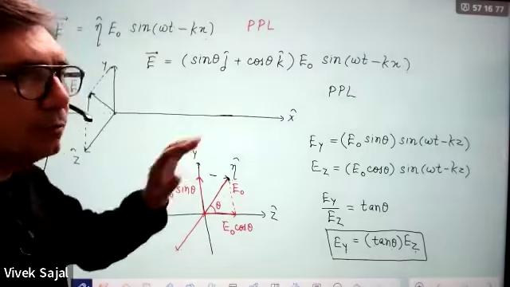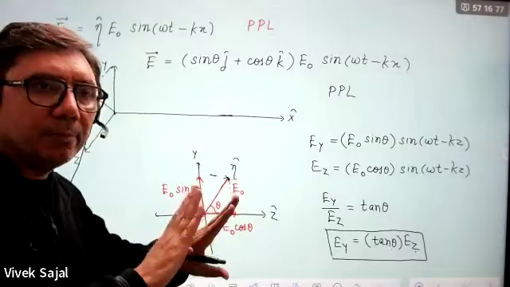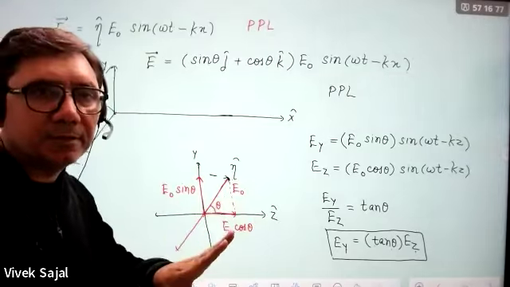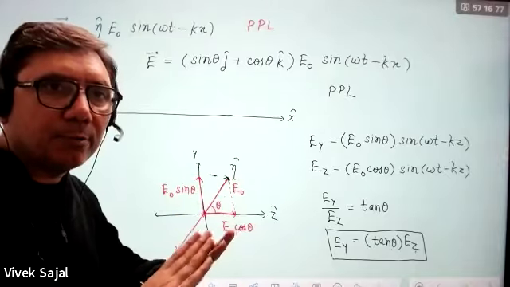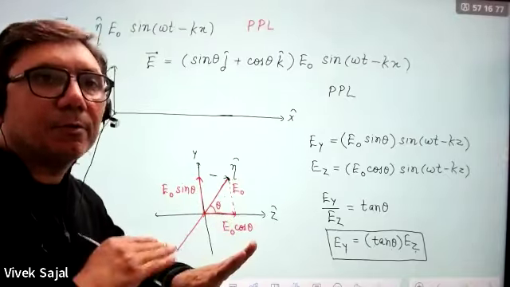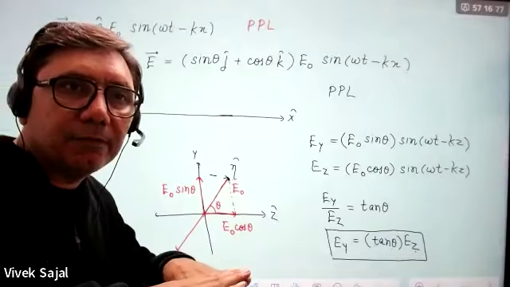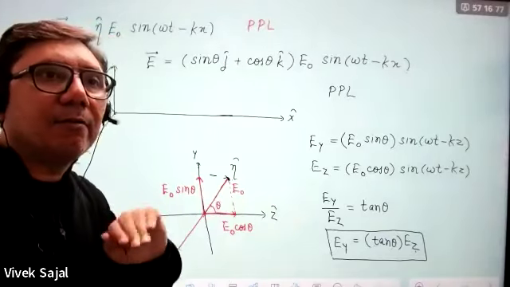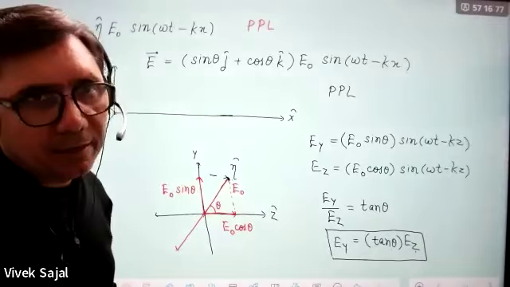So later on, we will resolve the electric vector of a plane polarized light into two components. One component is known as S polarized light, another will be P polarized light. One will have all the electric vector components parallel to the plane of incidence, and another will have all the components perpendicular to the plane of incidence.